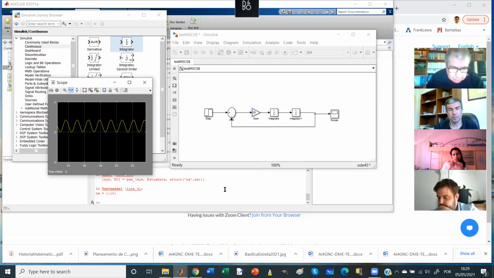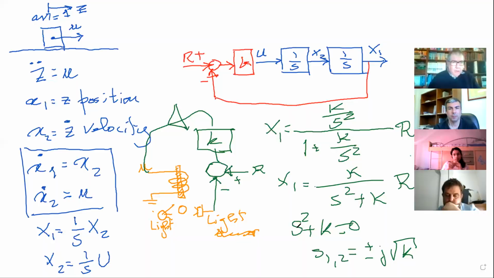So let's go to the whiteboard again. How can we change our control system such that you stabilize the position? Any ideas?